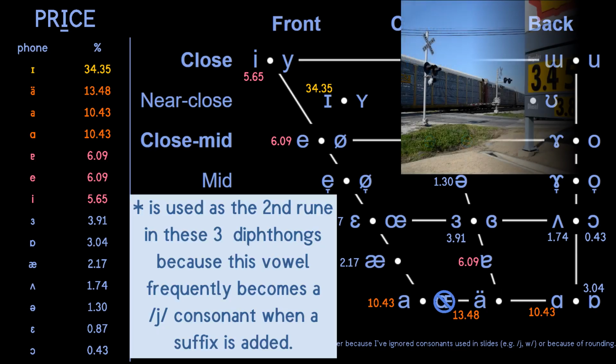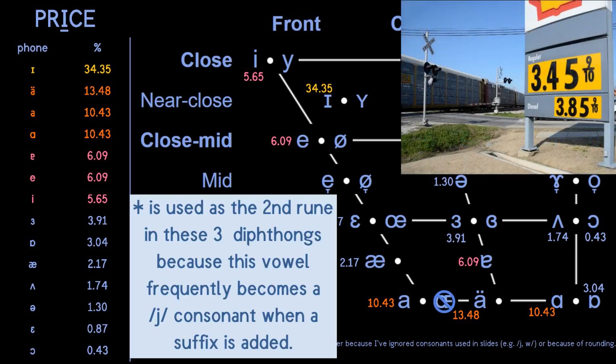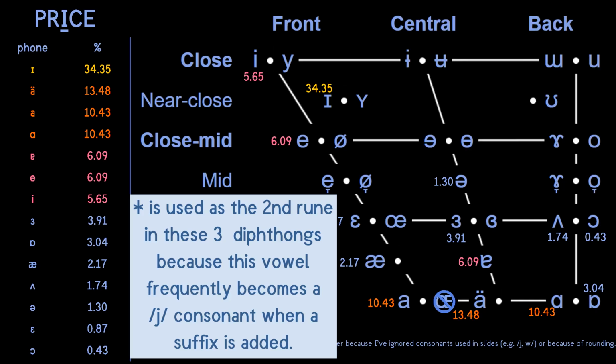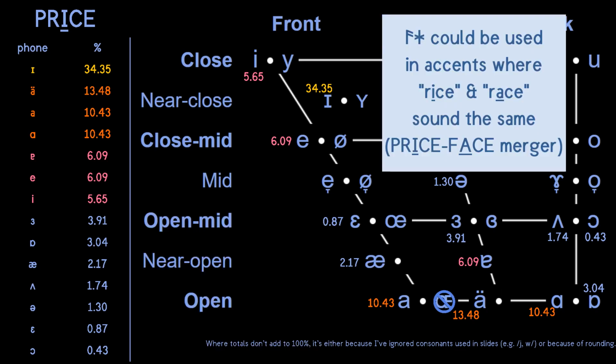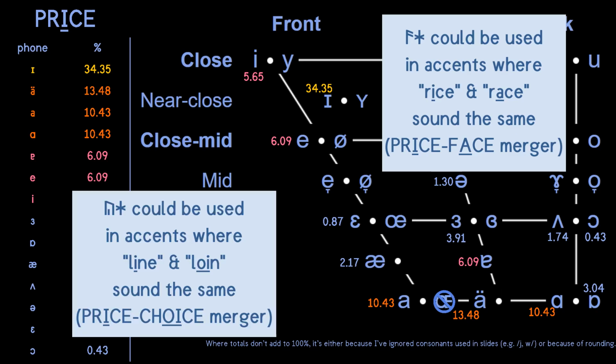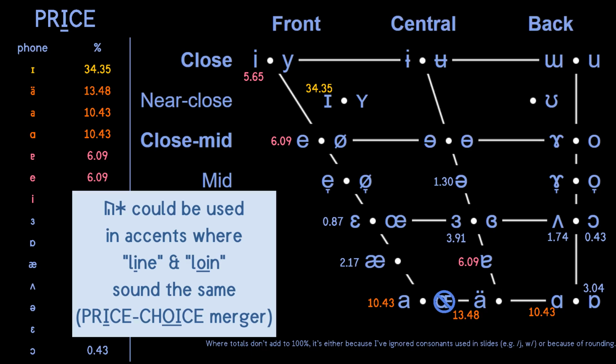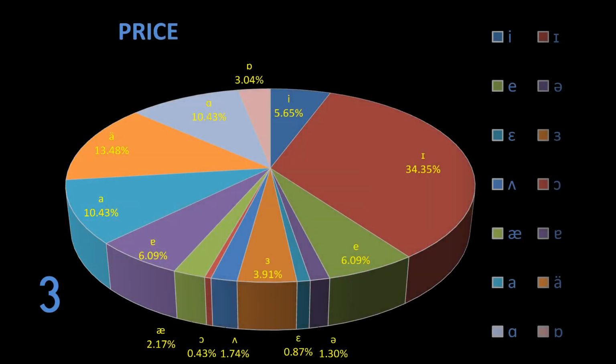However, the latter could serve as a viable alternative price digraph, especially for anyone who says rice and race the same. This option also enables ar-yor to be used for the line-loin merger. In case you're hungry by now, here's the price pie chart.